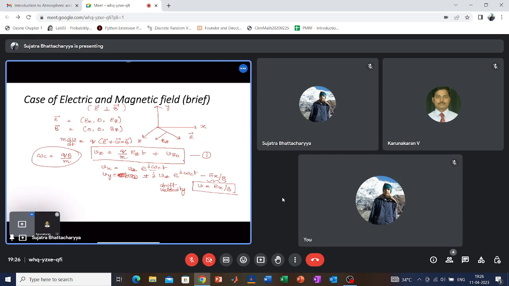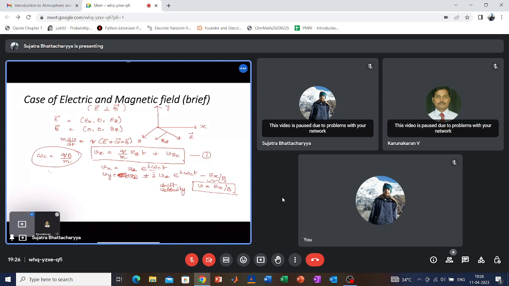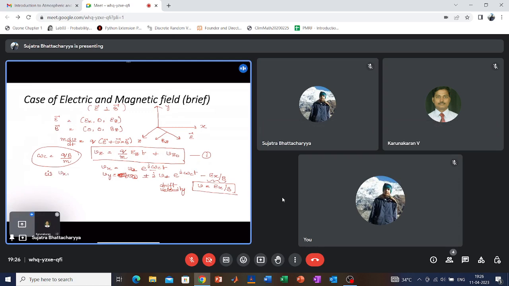So let me just write something like Vx, Vy are not linear in time. Second thing is circular motion is preserved.